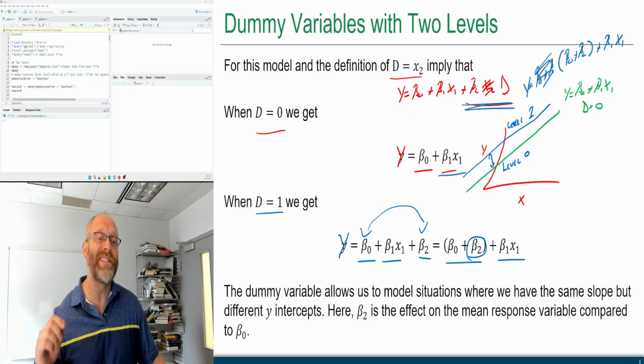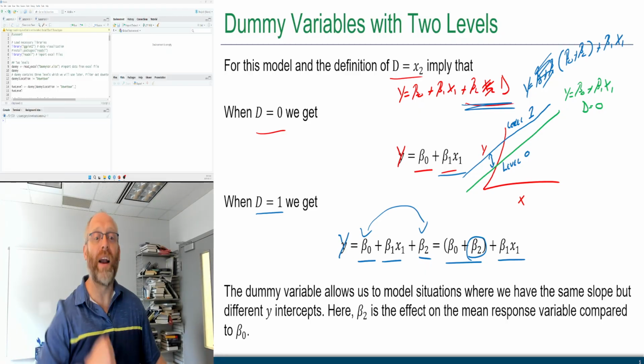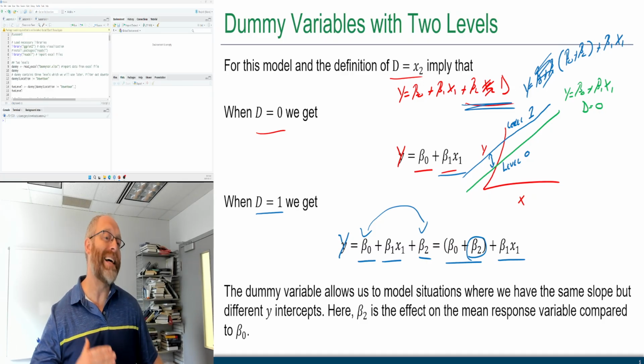So if we're talking about sales and level 0 versus level 1 in this example, when I go to level 1, I start higher up. If I'm offering something on level 2, it could be a different city, or, as we'll talk about in our next example, where the stores are located.